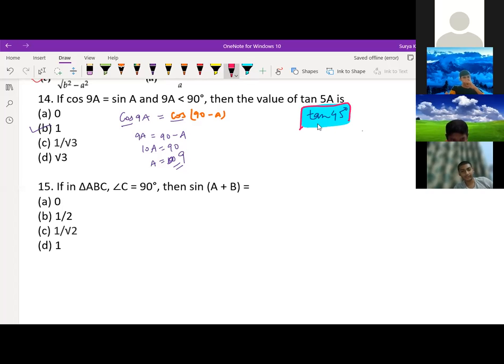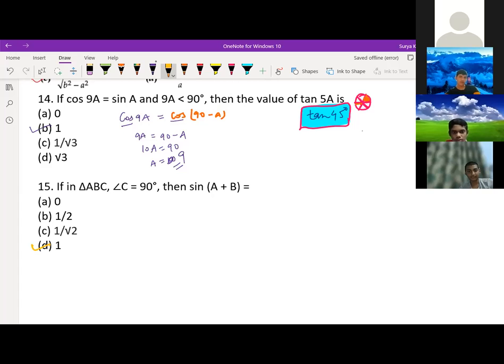Sir, 15 equals 1 as well. Sir, is it 1? You got 1 for this answer also?